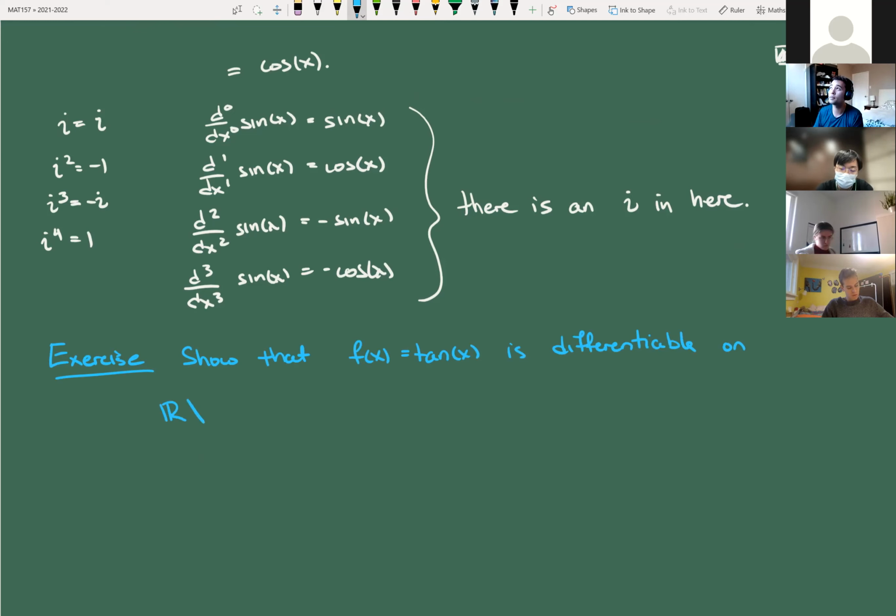So cosine can't be 0. It's going to be pi over 2, 3 pi over 2, so these are the half odd integer multiples of pi. And show that its derivative is secant squared.